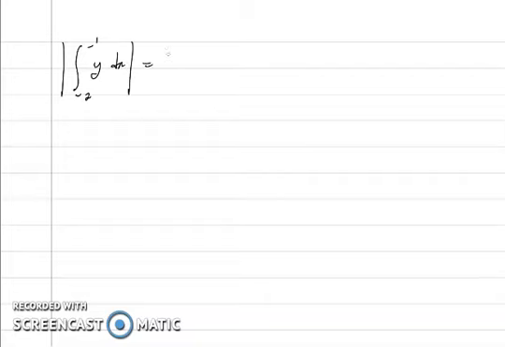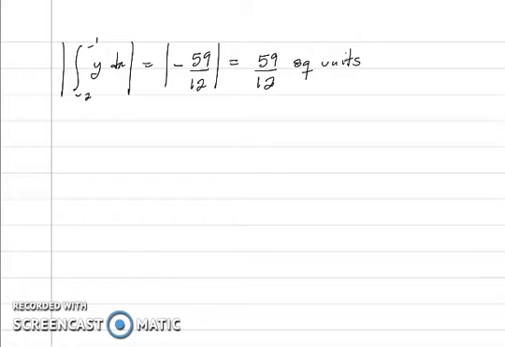So this would be equal to the mod of -59 over 12, and this works out to be positive 59 over 12 square units. All right. So we have to be patient and continue working. Don't lose your vigilance because you actually have to work out 4 of these.